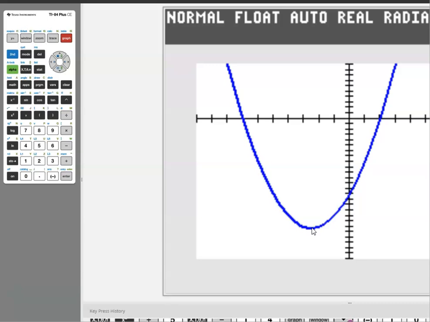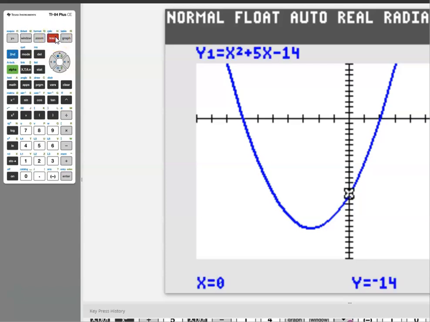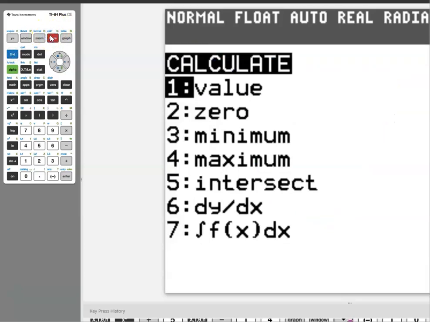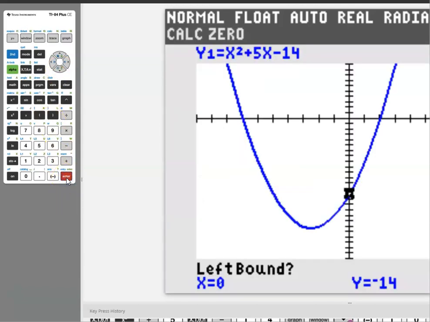I asked you to first find the roots. We didn't do that last time, so let's do that now. So I'm going to say second calc. Let me do it again. Sometimes you have to kind of play with it. Second calc. I want the zeros, which is number 2. Hit enter. Okay, it's going to say left bound and right bound again, but I need to get to the left bound of this root. So let's move this around.